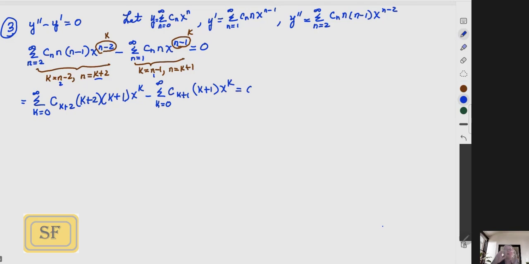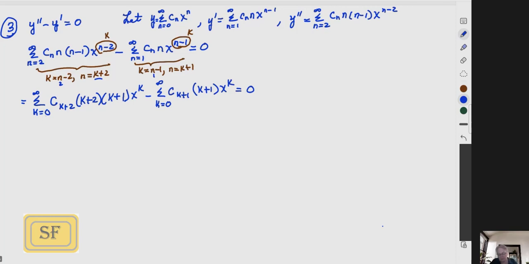So for combining summations, remember there were 3 rules. Any x's outside of the summation need to come in and need to be combined with that x to the n, or whatever the power is that you had. And then secondly, you take that power of x and replace it with k. And that will change all of your variables from n to k. And then thirdly, you look at the lower index.